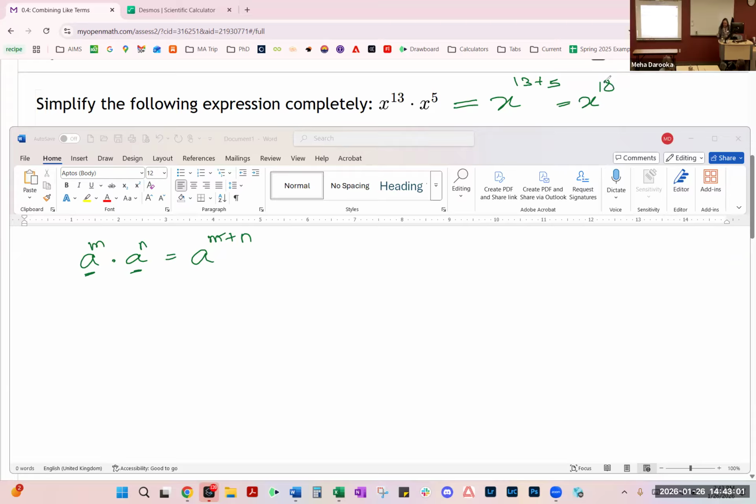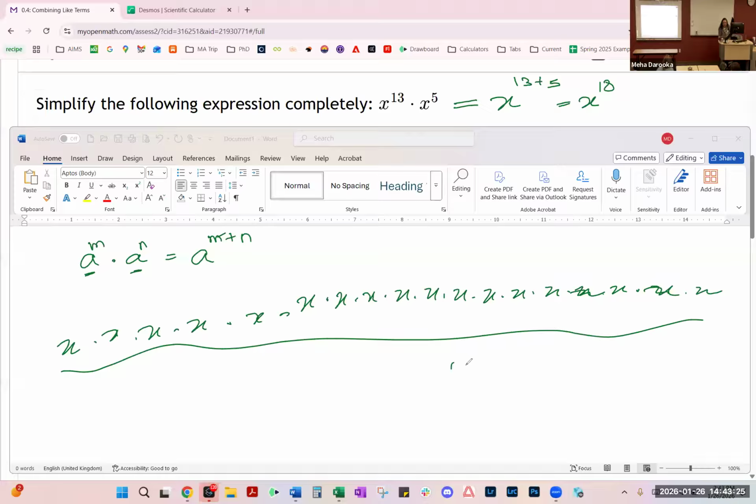And again, if you think about the math behind it, you're basically saying I have 13 of these. 1, 2, 3, 4, 5, 6, 7, 8, 9, 10, 11, 12, 13. And then you are multiplying them with 5 more, right? Which means you are basically just putting 5 more. And if you add all of them, that adds up to 18 of these x's, right?